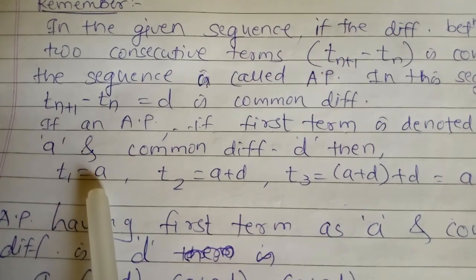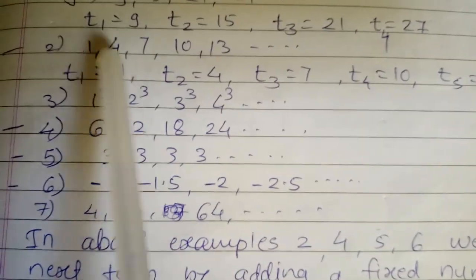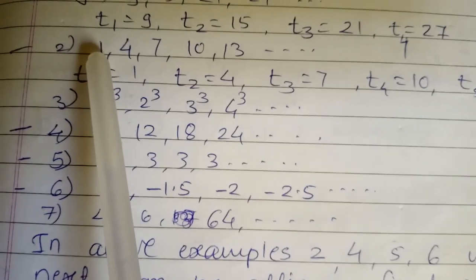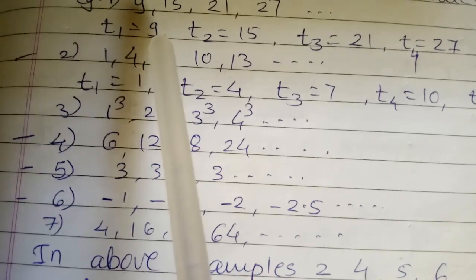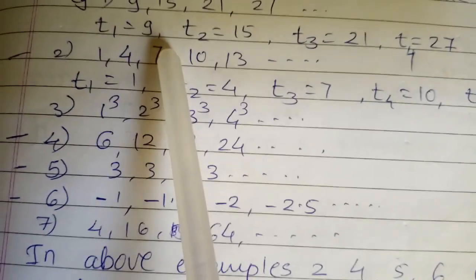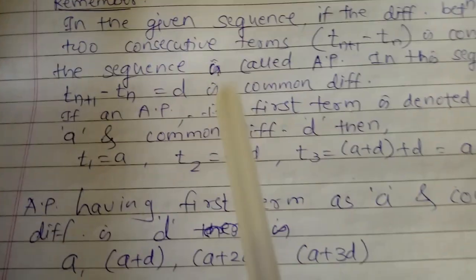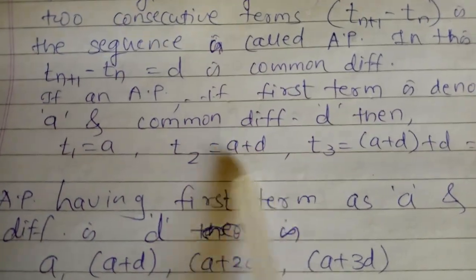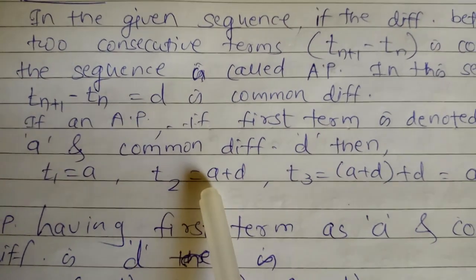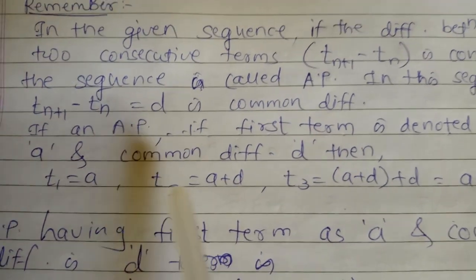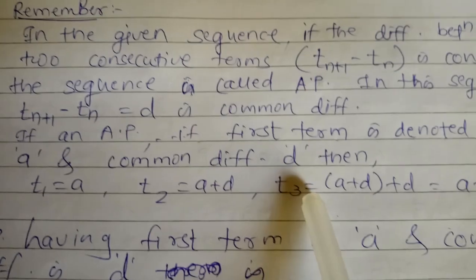For example, the first term is 1. By adding the common difference 3, we get 4. Again by adding the common difference 3, we get 7. 7 plus 3, 10. Similarly, if we add the common difference to the first term or previous term, we get the next term. So we get T2 by adding d to a.